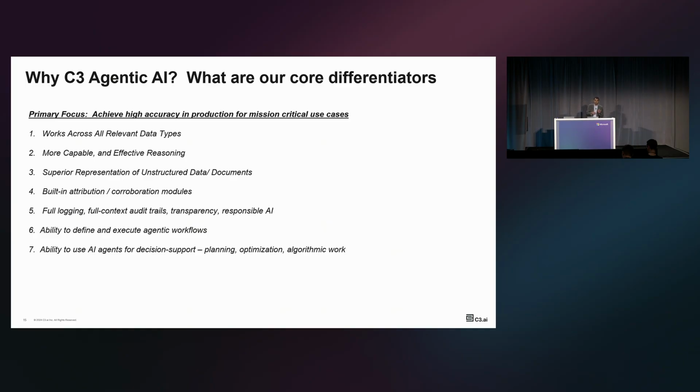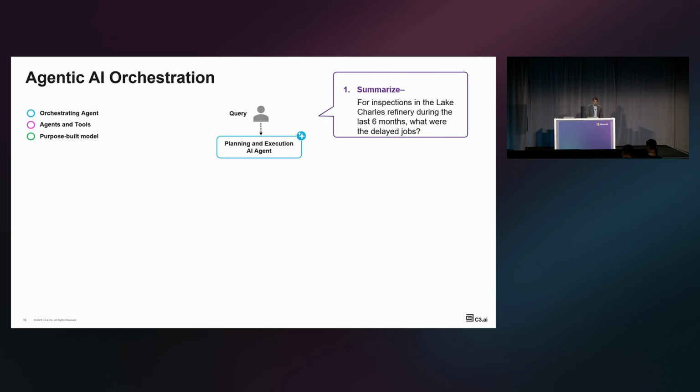So we have some of the best parsers, some of the best image table parsers, et cetera, for those use cases. Built-in corroboration, full logging, full monitoring, the ability to execute agentic workflows, which is a net new thing that we introduced at Ignite here. And then the ability to use AI agents for decision support, planning, optimization, algorithmic work. It's really cool.